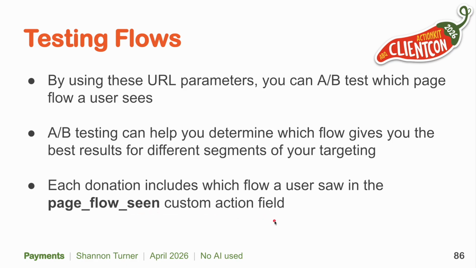We actually have a lot of metadata that we store on your users and what options that they saw in custom action fields saved on their actions that they take when they make a donation. So check those out too. That's a really great place to see things like what amounts did they see, things like that.